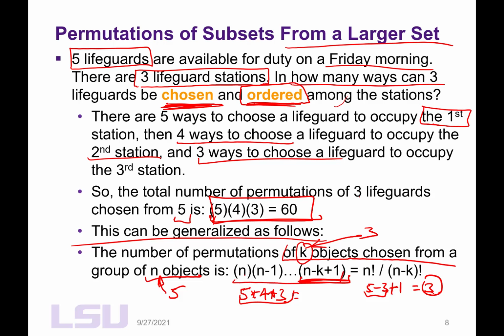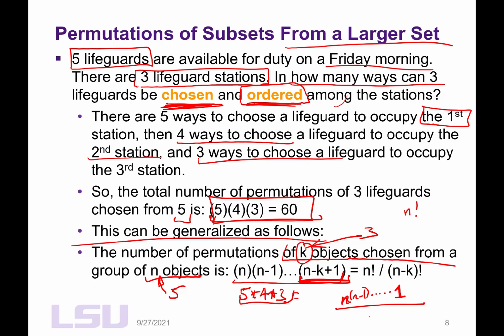And then you can express this in a succinct form as follows. You realize previously, we had talked about n factorial, right? Which is n times n minus 1 down to 1. Unlike this, which stops at n minus k plus 1. So we want to write it in terms of n factorial, which is what this is, divided by something. So we're going to divide by something.